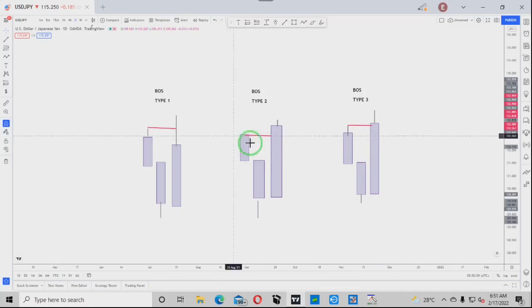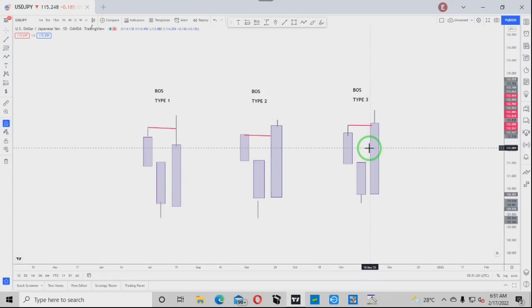But it depends on your personality and your backtesting. If you backtest with any of these and it resonates well with you, why not? You can use any of these as your break of structure. But for me personally, this is my valid break of structure based on my backtesting.